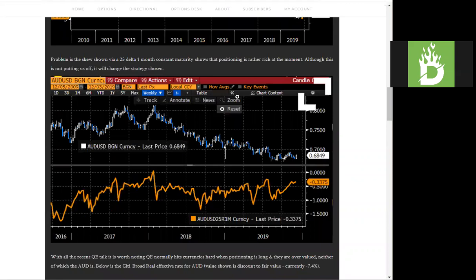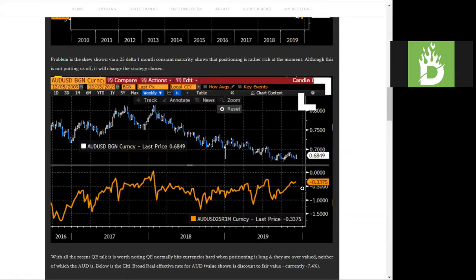But this is the interesting part: we saw people in the risk reversal getting a little bit long here. Well, that's probably the wrong word. The risk reversal was rich, i.e. people were paying over, or the IV for the call side was higher than the IV for the put side, right?